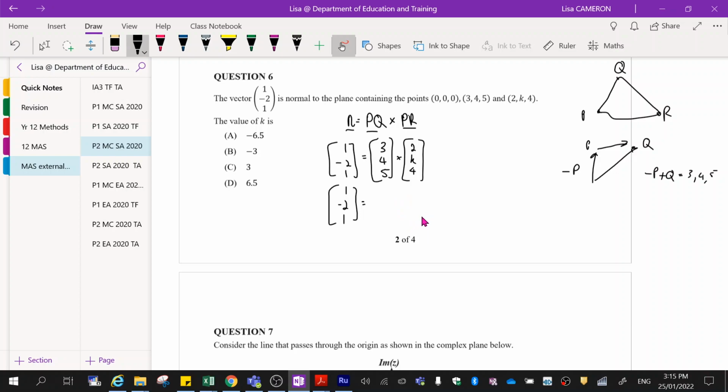So if you're not sure how to do it, look at your formula sheet now. But when I'm cross-producting these, this is the calculation that I get. So it will become, where is my little piece of paper? 4, 5, 3, bracket, bracket, bracket, minus, minus, minus.